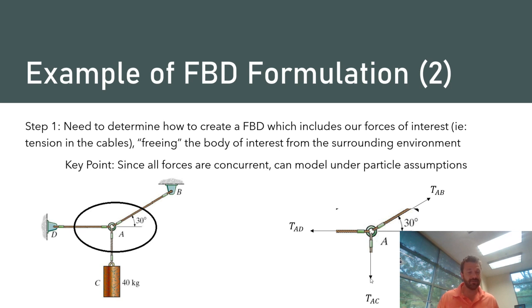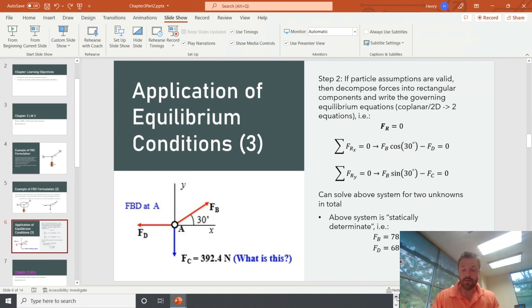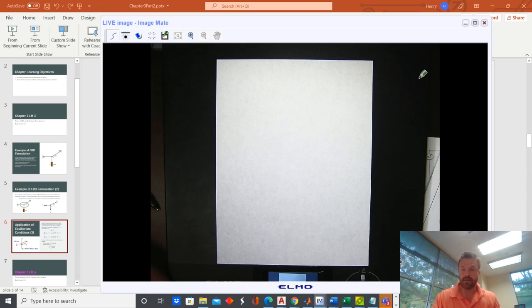Because of that, I can treat this as a particle problem and ignore the physical dimensions of my body under analysis. What that allows my free body diagram to become is just a drawing that has a bunch of forces acting upon a point. That's what really makes this particle-based analysis so simple. And just to reemphasize the point, we can do that because all of the forces acting upon our body of interest, which is the circular connector at the middle of the cables, are concurrent.